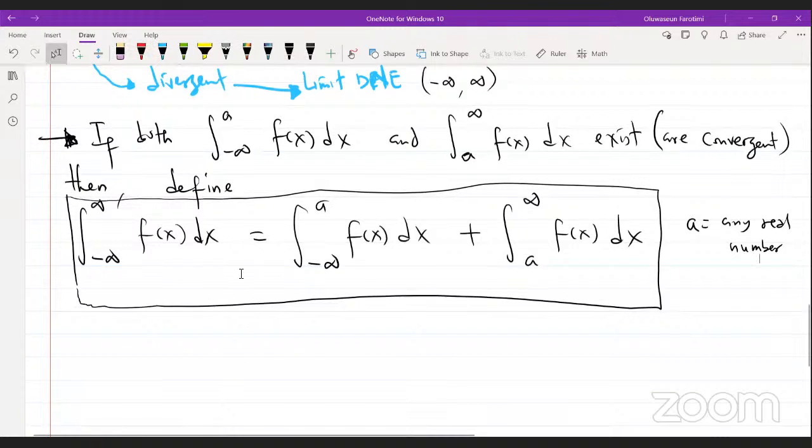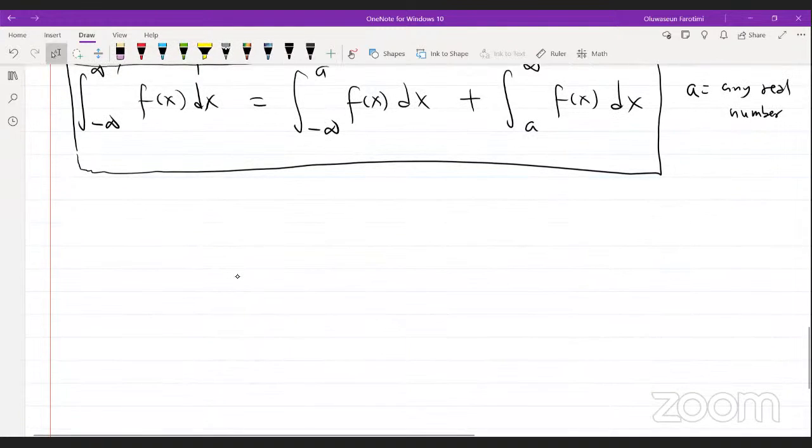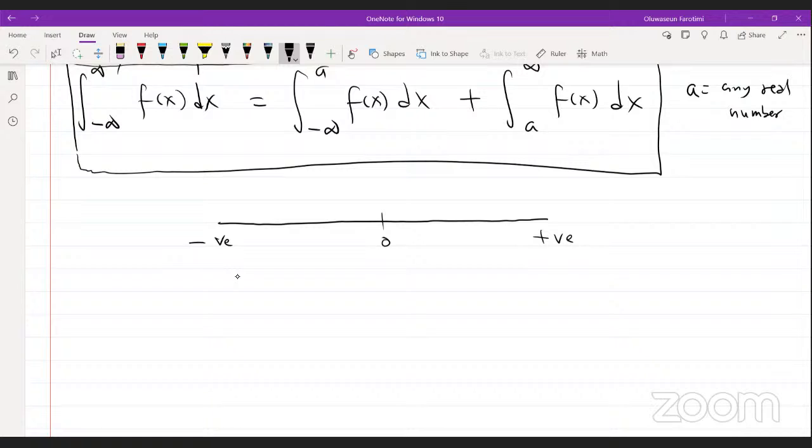Let me try to explain this with a number line, just as an intuitive understanding. Suppose this is a line and this is the center, 0. The moment you have the center, you've split it into two parts, the negative part and the positive part. Suppose here I have negative 2 and here I have 2.